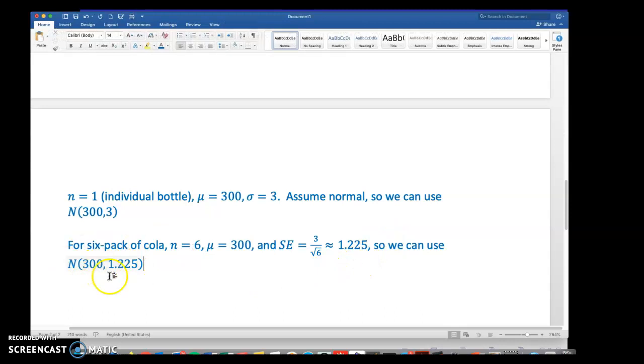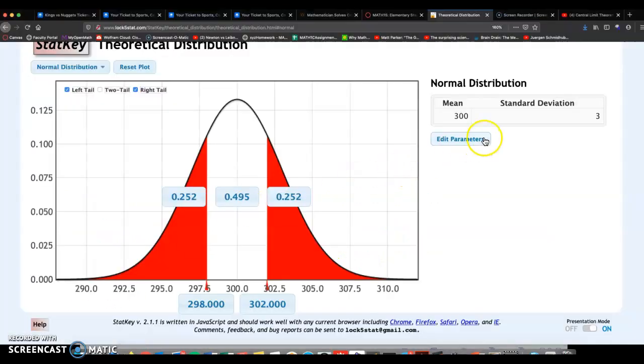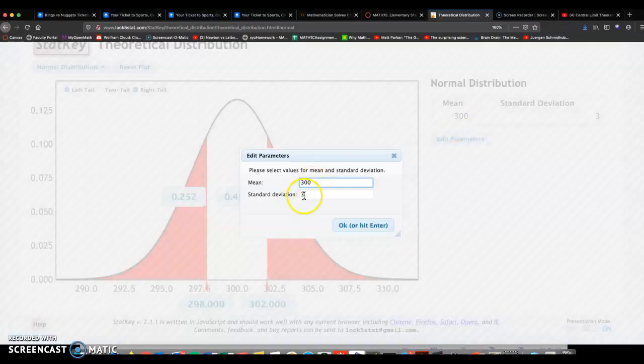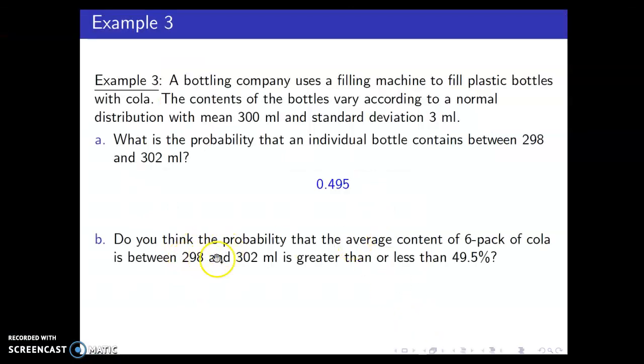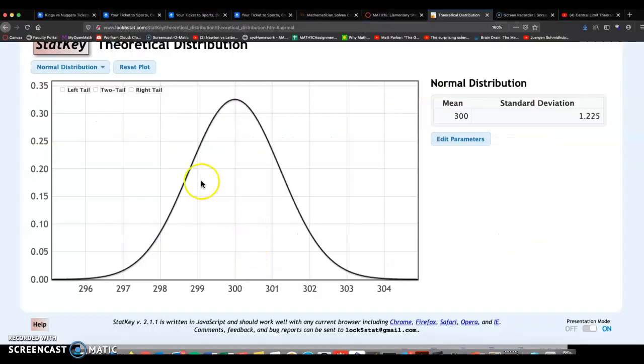So I'm going to use this in the normal calculator. Set the parameters. 300 is good, and let's change that 3 to 1.2247, click OK. And we want to figure out the same range between 298 and 302.